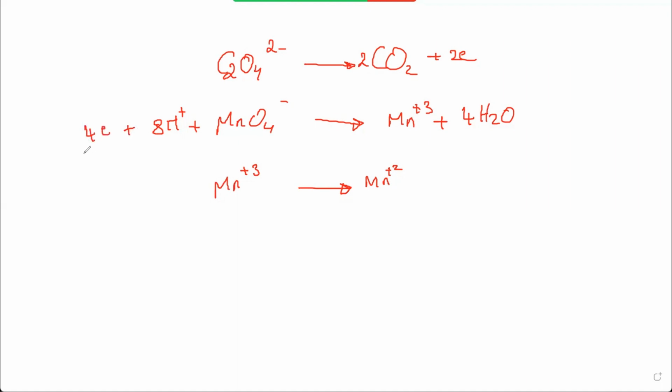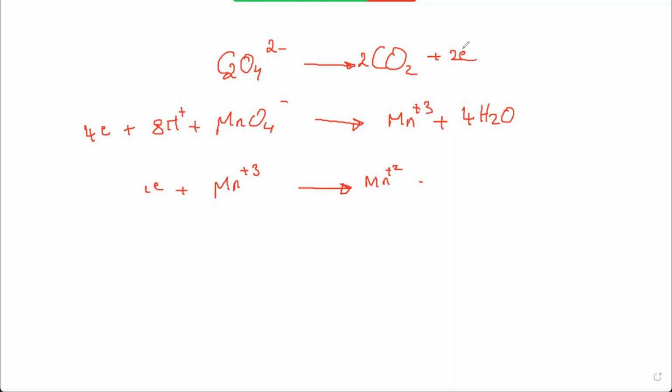And then we have the Mn plus 3 being reduced to Mn plus 2. That means we have to add an electron on this side, 1 electron. Okay, so now we need to think of a way mathematically so that we basically cancel out the number of electrons from both sides.